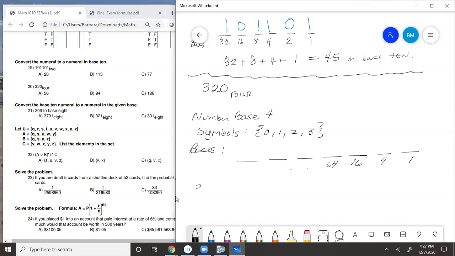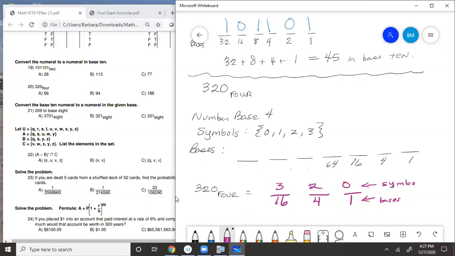So to evaluate 320 base 4, we need to write down, here's a 3, a 2, and a 0, right? Starting with the right, this is in base 1, this is base 4, and this is base 16, right? So those are the bases. And these are the symbols, right?